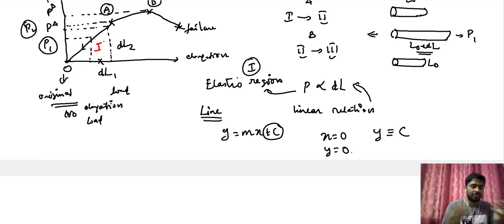So let me repeat what we are essentially trying to do: we are trying to arrive at a numerical relation for the first section of the curve. The first section of the curve, because of its linear proportionality, is a line, and there is a numerical expression for the line, and that is expressed in this manner.